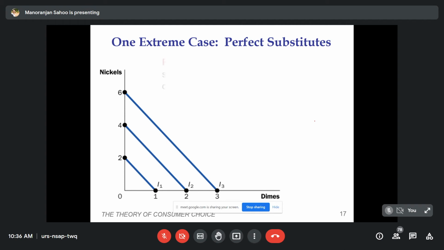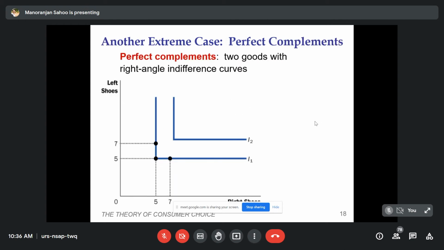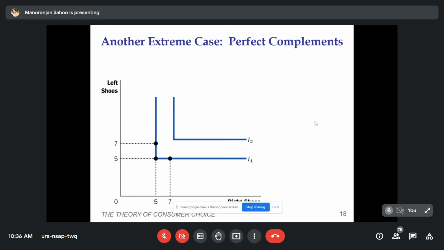Similarly, another extreme is perfectly complementary goods. Two goods are called complements when demand for one good automatically leads to demand for the other good. Can anybody tell me an example of complementary goods?